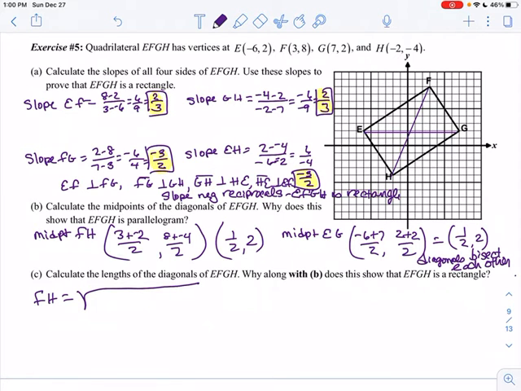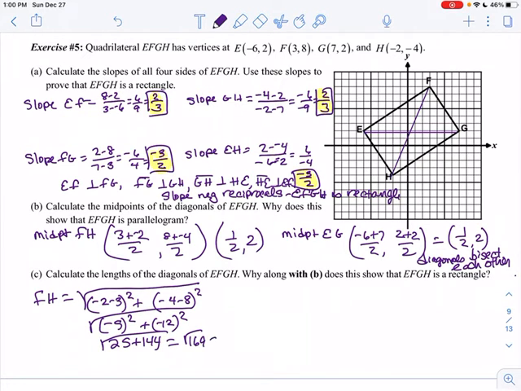And then they want me to calculate the length of the diagonals. So I'm finding the length of FH. x2 minus x1, -2 minus 3 squared, and y2 minus y1. That's okay, I have negatives because I am squaring them. So that's going to be 25 plus 144, which is 169, which equals 13.